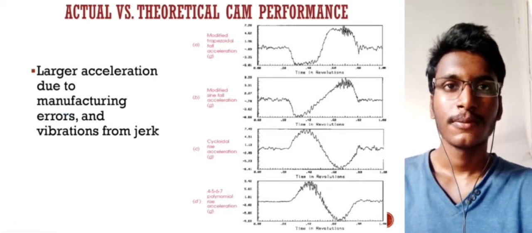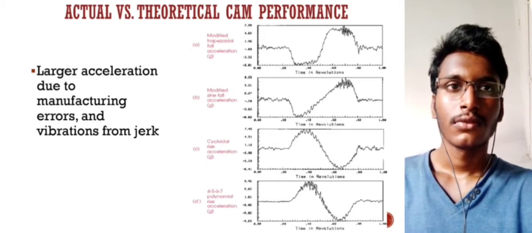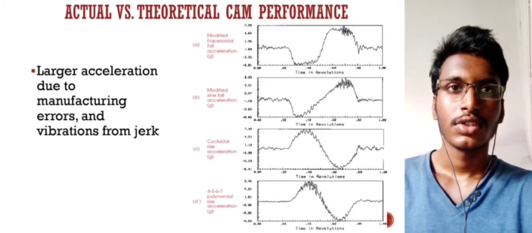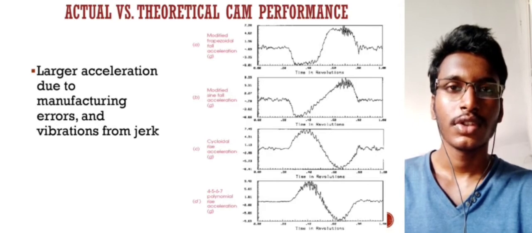The CAM design that we make in the software will give a required amount of acceleration, but when it comes to practice, it will give a larger acceleration due to manufacturing defects and some vibrations from the jerk.